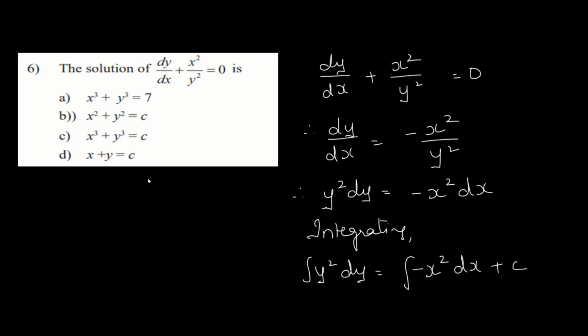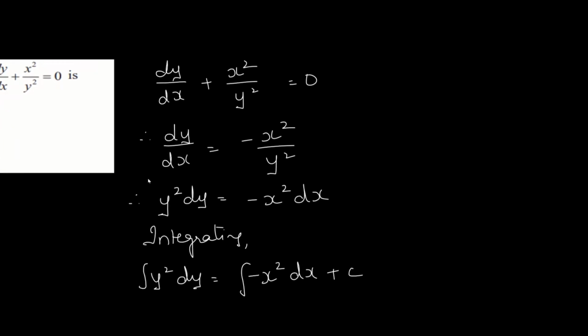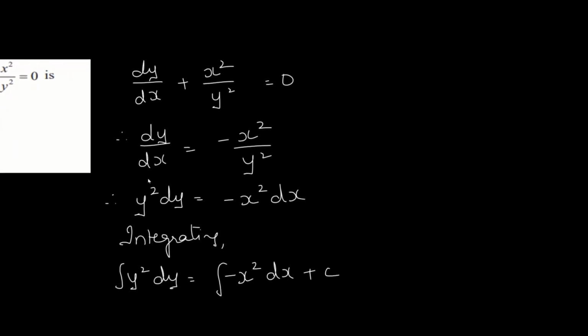Then solving further, the integral of y square is y cube upon 3, and the integral of minus x square is minus x cube upon 3. The dy goes away actually. Y cube upon 3 is equal to minus x cube upon 3 plus c.